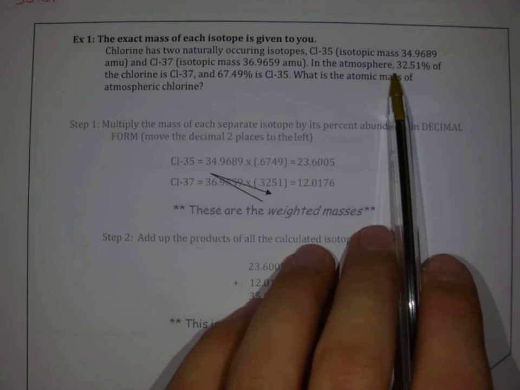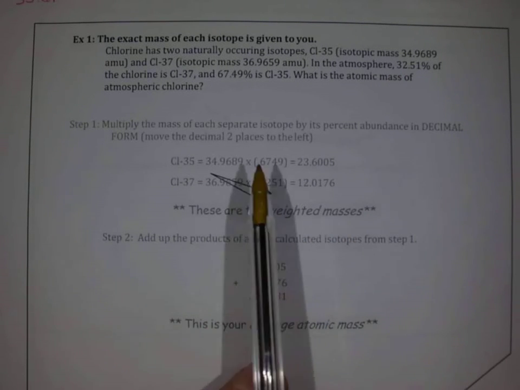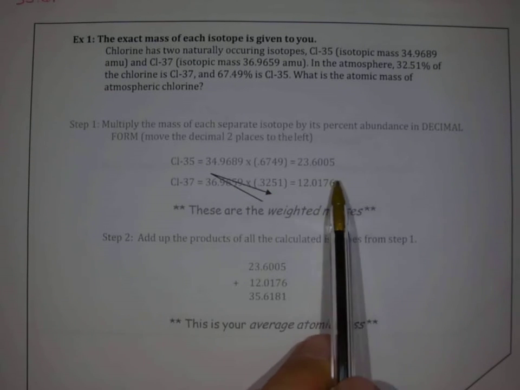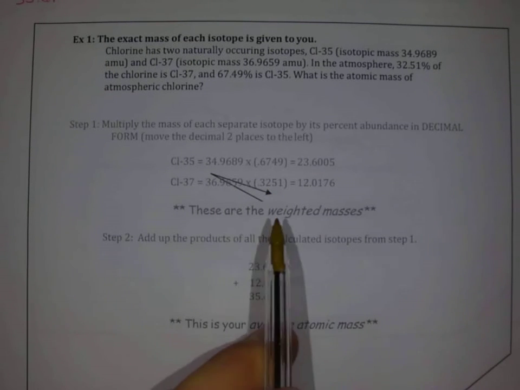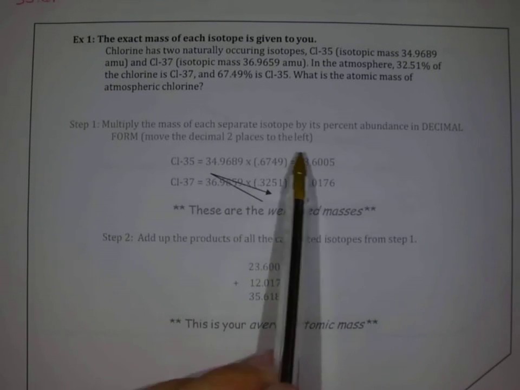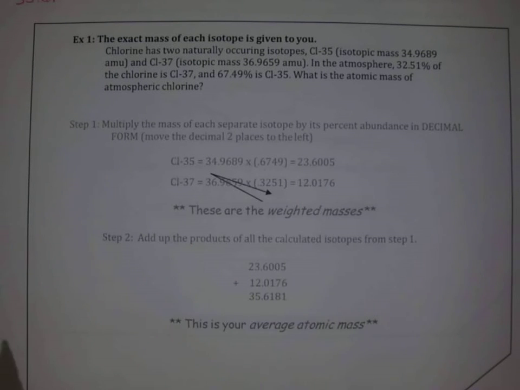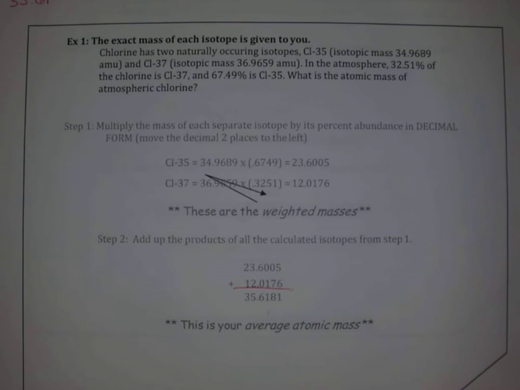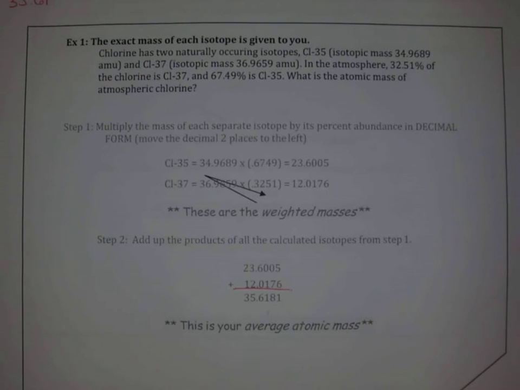We have the decimal form of the percent abundance. We do 36.96 times 0.3251. That gives me 12.01. So we take those two numbers and add them together. When we add them together, we get 35.61. That's exactly what we said is on our periodic table, okay?